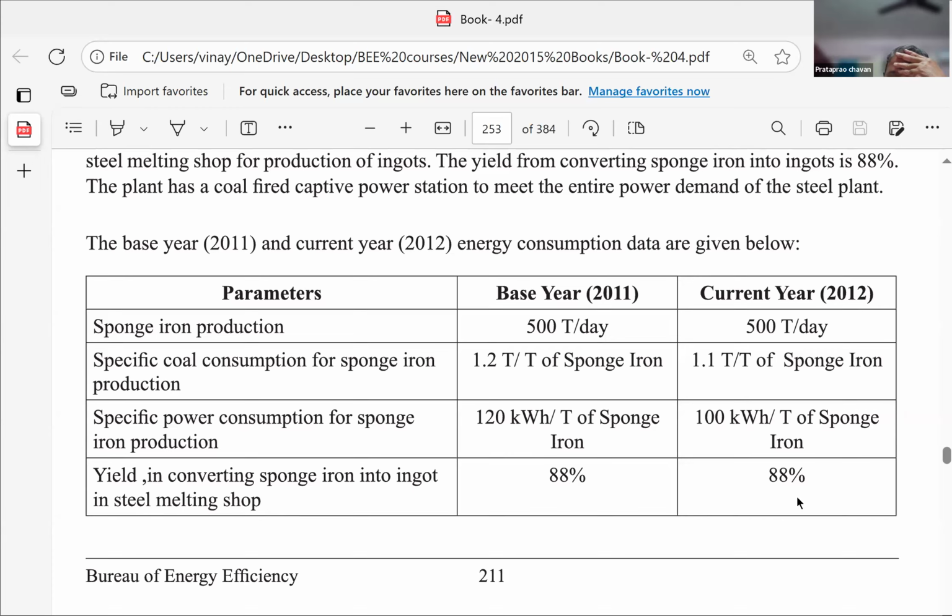Yield means the ratio of output upon input. 12% loss is there. This was there last year also. Loss in mass and not in heat. Remember, the sponge iron to ingots, the loss was 12% here, 12% here.